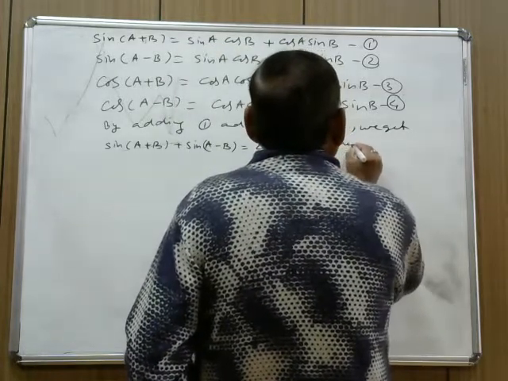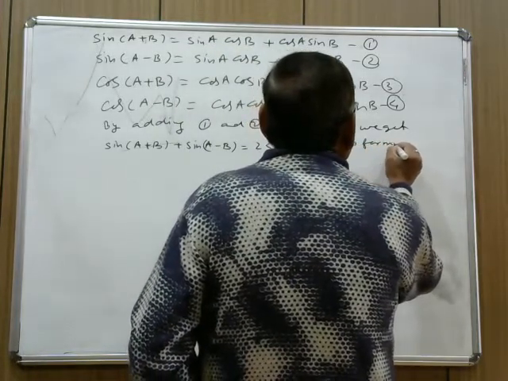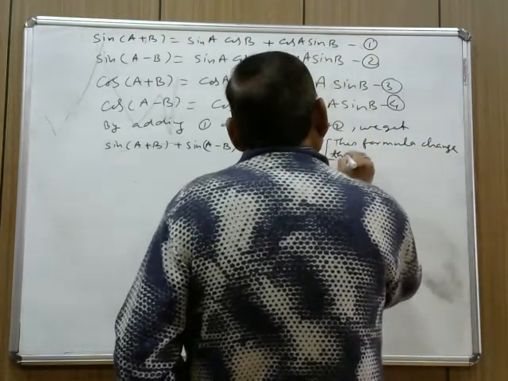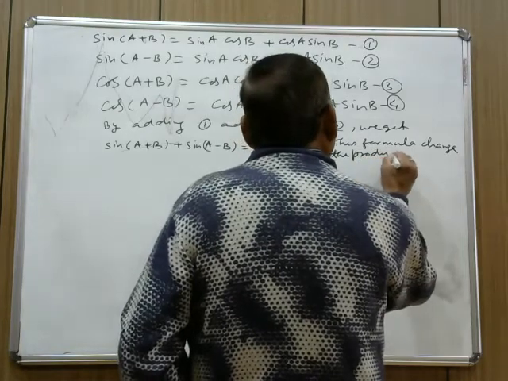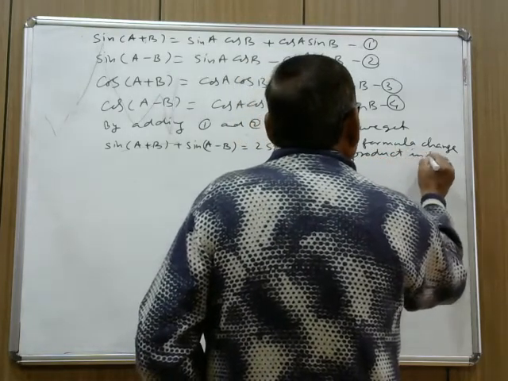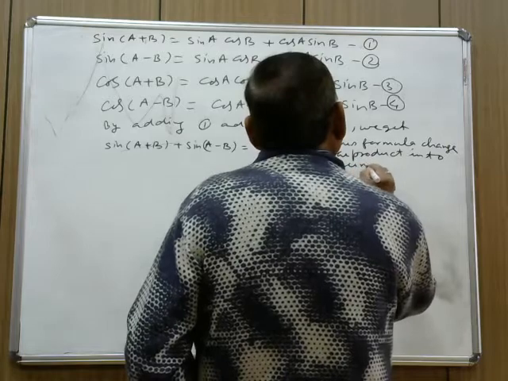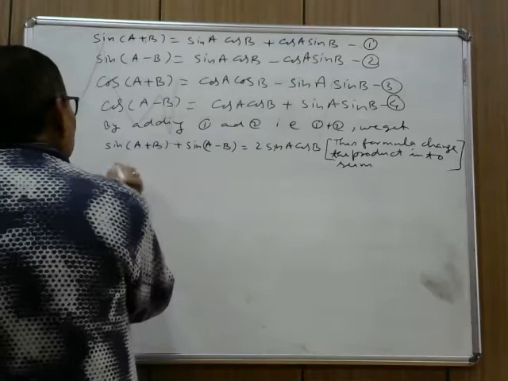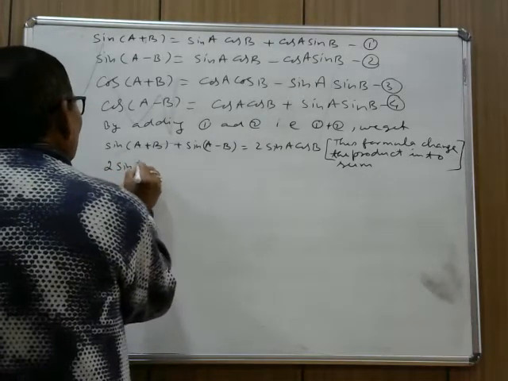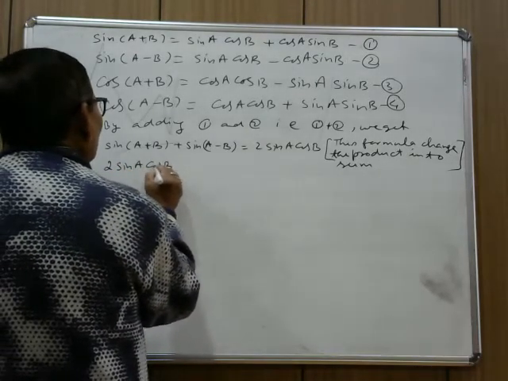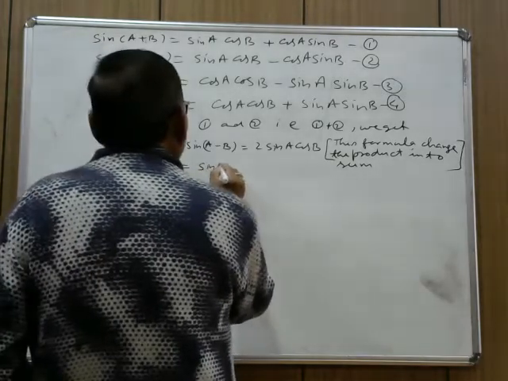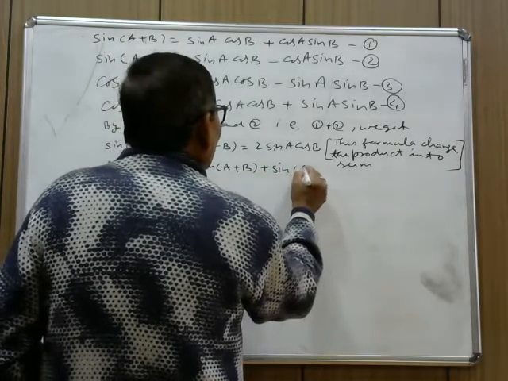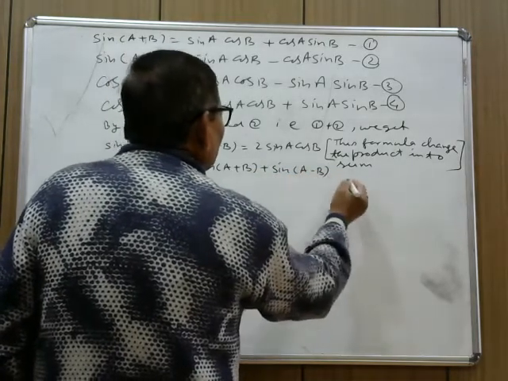This formula changes the product into sum. Similarly, this can be written as 2 sin A cos B is equal to sin of A plus B plus sin A minus B. This is the fifth formula.